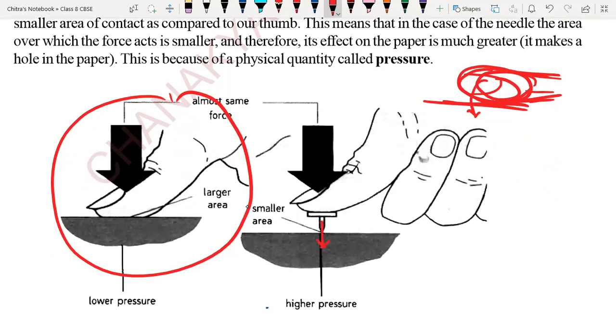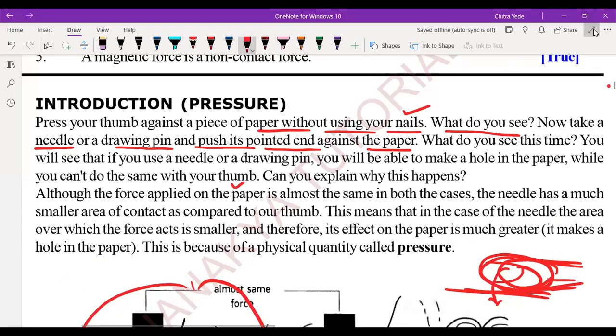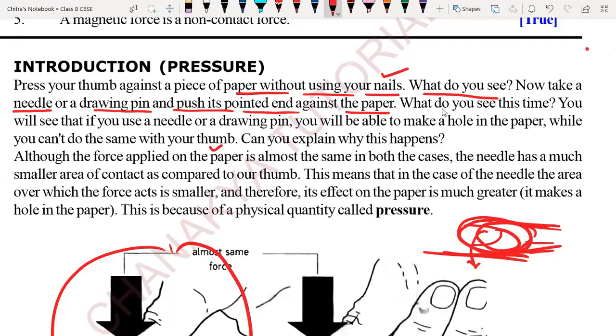In both cases we apply the same pressure, with the thumb as well as with the pin. But why does our thumb not penetrate the paper, while the pin does? That we have to understand.